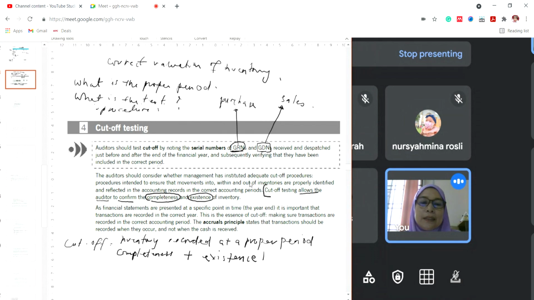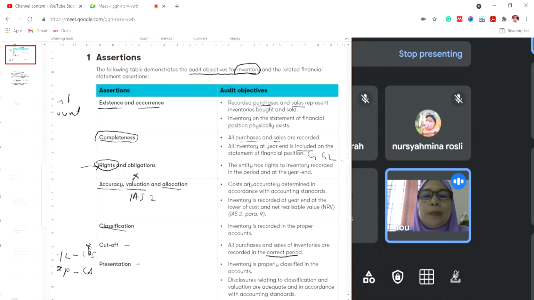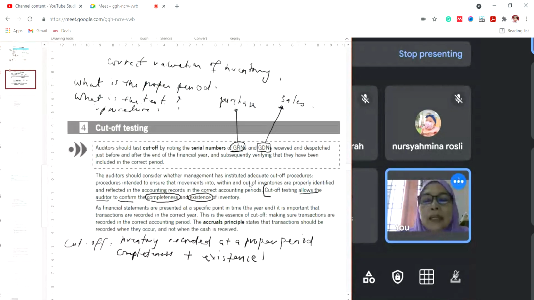Go back to the assertions just now. Completeness means all purchases and sales are recorded. So you want to see that the inventory which is incurred is completely recorded.